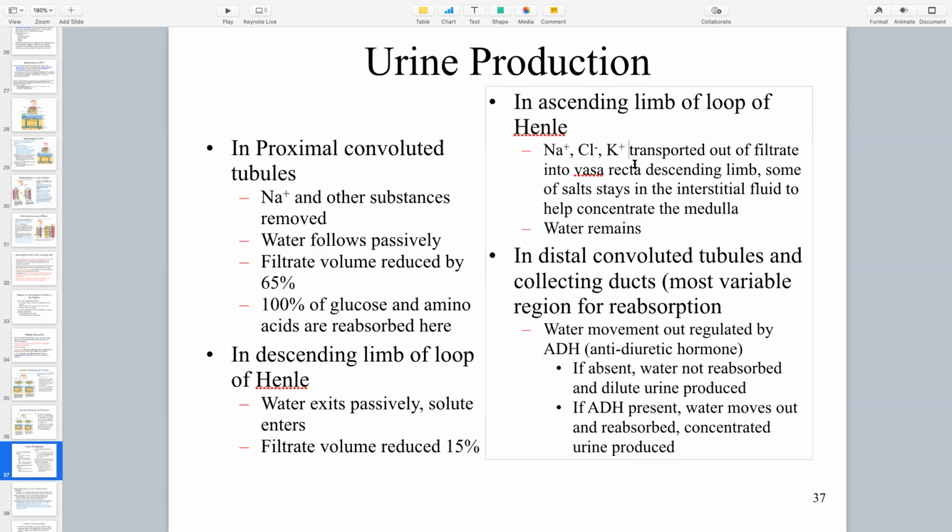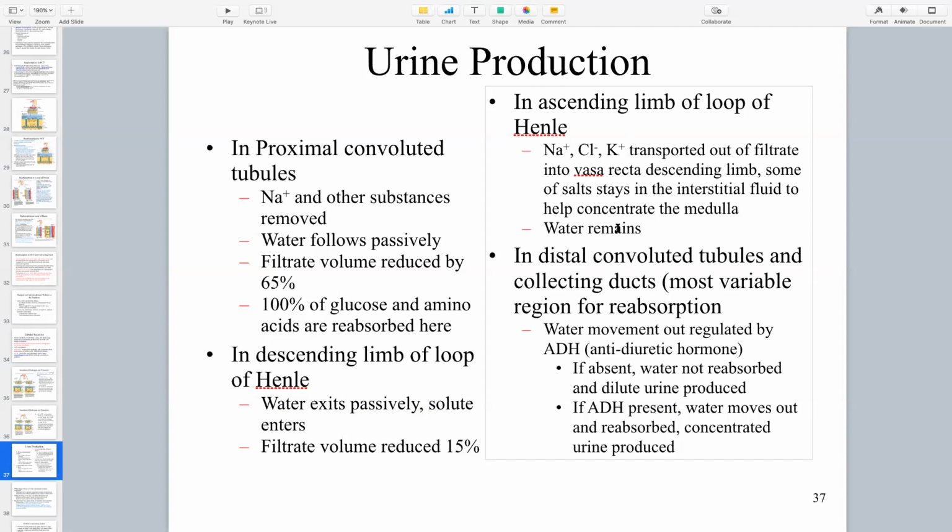The blood in the vasa recta and the filtrate in the loop always go in opposition. So as the filtrate goes up the ascending limb, the blood from the vasa recta going down is moving against each other, right? It's called the countercurrent mechanism.